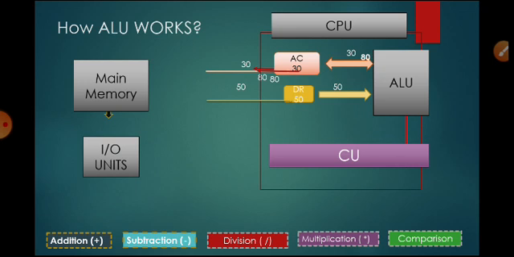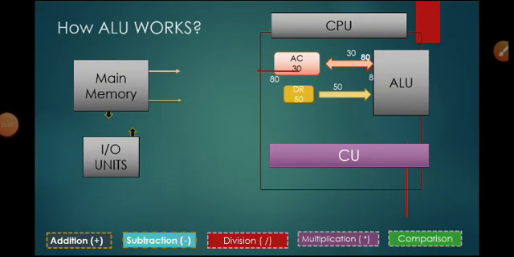Now this 80 is now sent again to the main memory and the result is displayed on the output unit. Here we are going to revise it again. Now watch it more carefully.